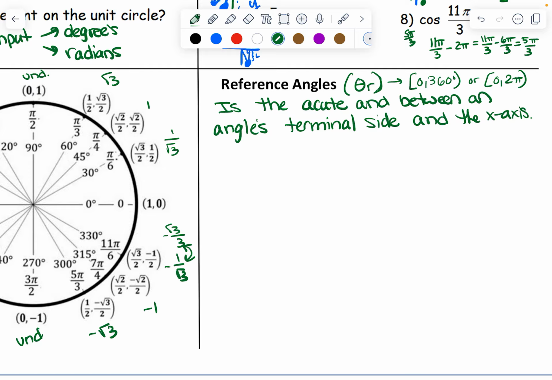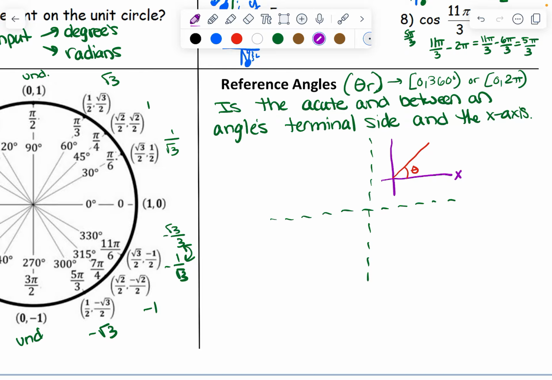So let's think about this. It's going to be different depending on the quadrant you're in. Let's start with quadrant 1, which is going to be the easiest one. If I have an angle here, we'll call it theta, and I want to know what the reference angle is. We're calling the horizontal axis the x-axis, because that's what we used in the definition.